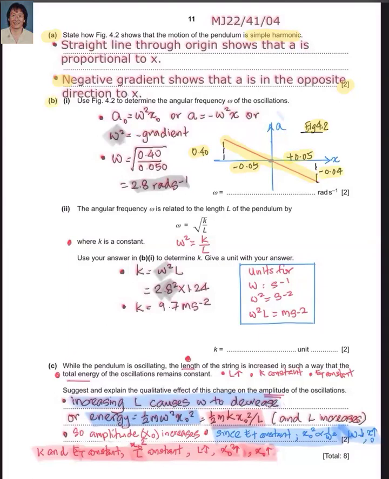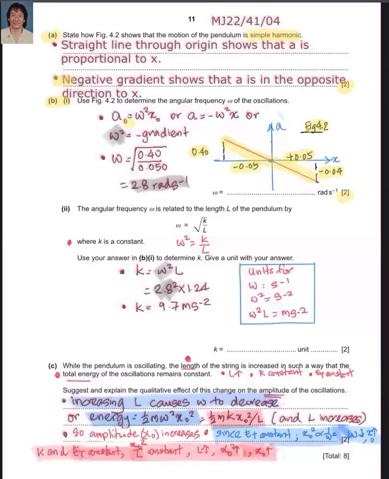Then B part 1. Use figure 4.2 to determine the angular frequency omega of the oscillation. This question carries 2 marks. The first mark comes from A maximum. AO is the maximum acceleration equals to omega square times XO, which is the maximum displacement amplitude.